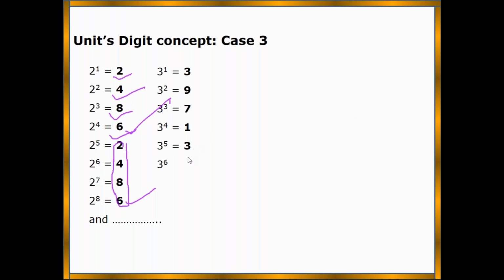Again 3 into 3 is 9, 9 into 3 is 7, 7 into 3 is 1. If you observe clearly, 3, 9, 7, 1 repeats continuously. So the values are repeated.